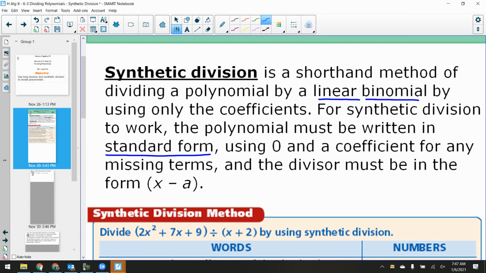Say you had x to the third plus 2x minus 4. Do you notice how the x squared is missing? You would have to write it as a placeholder, x to the third plus 0x squared plus 2x minus 4. Every term must be represented, and you'll see why here in a second.